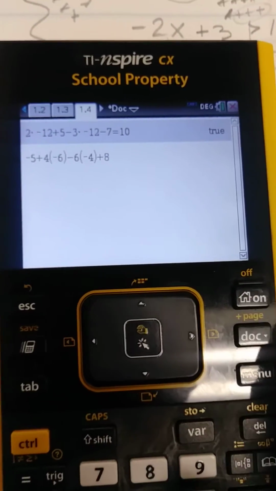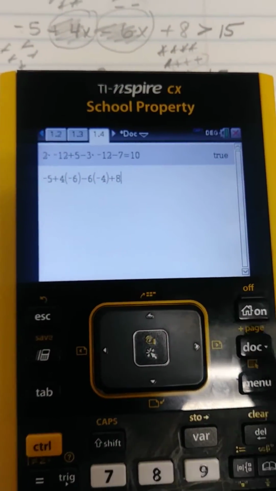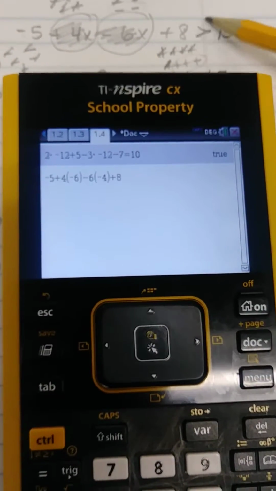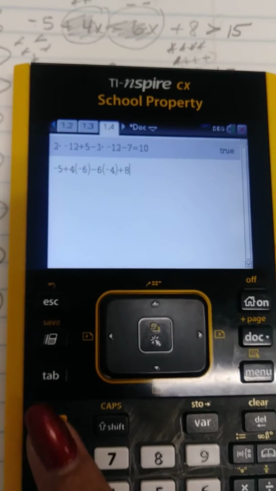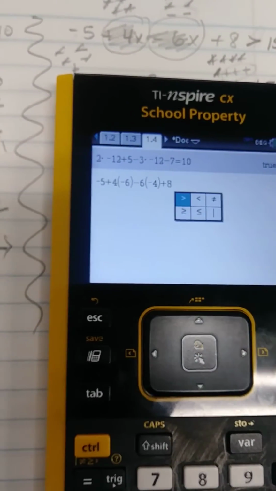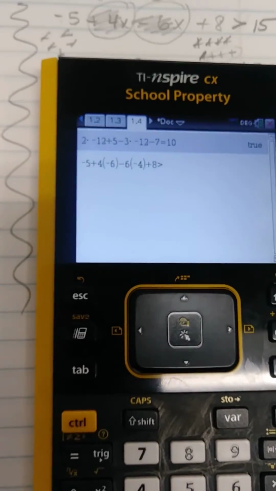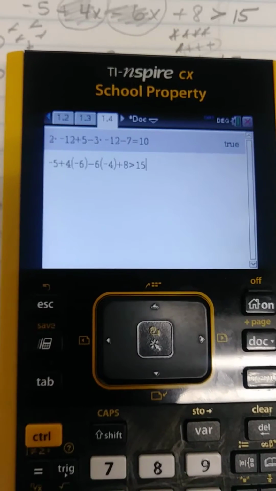Okay, the last thing that I need to do before the calculator telling me false is to put the inequality symbol into the calculator. To do that, press Control equals. There it is. I need a greater than sign. Now press 15. Press enter.